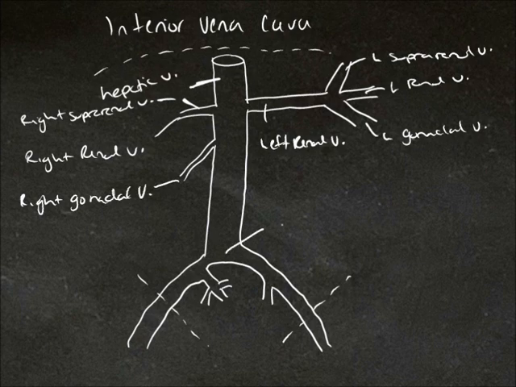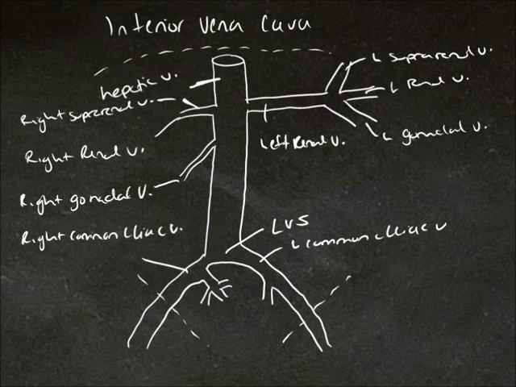Here we have the bifurcation at about lumbar vertebra 5. And then we have the right and left common iliac veins. We have the internal iliac veins.